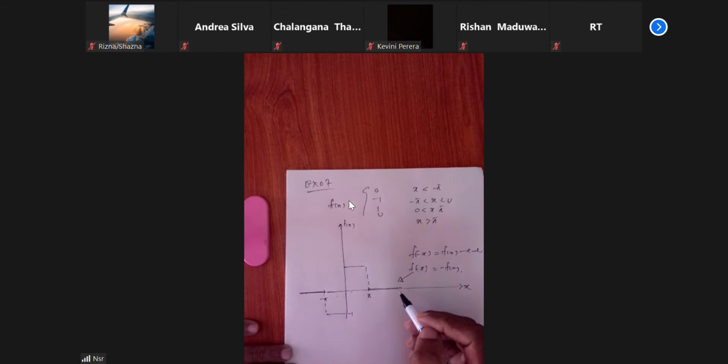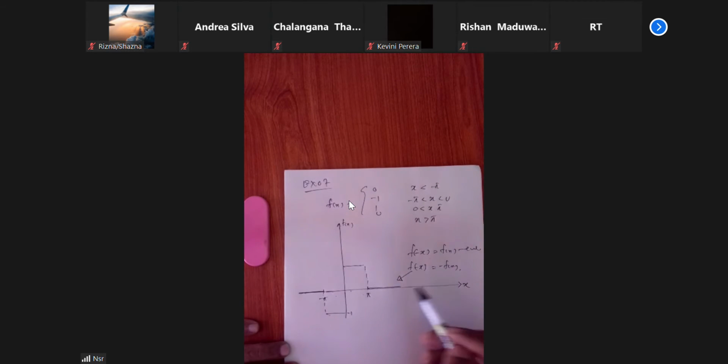If it is an odd function, we can reduce our work, because to find the Fourier integral you need to find the two coefficients A alpha as well as B alpha. But from the previous theorems I explained, if the given function is odd, the coefficient of A goes to 0.